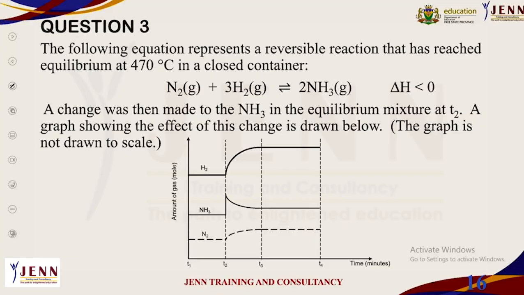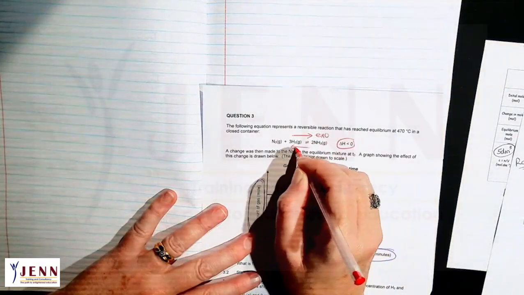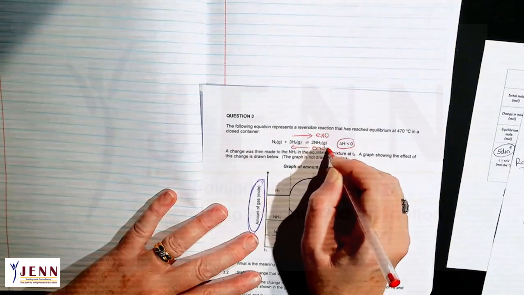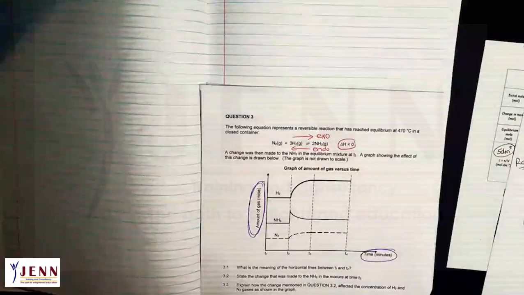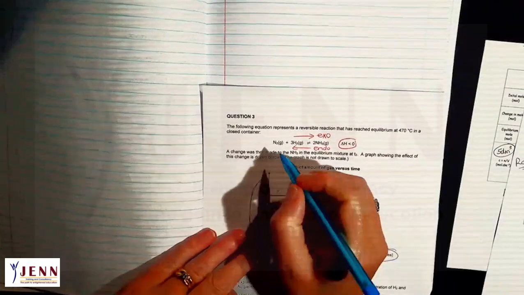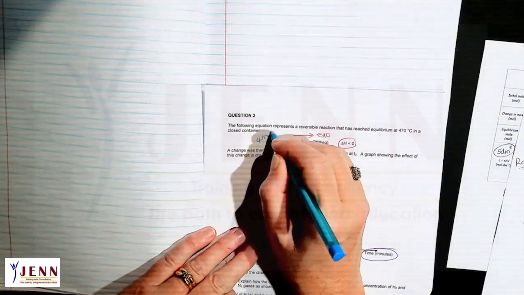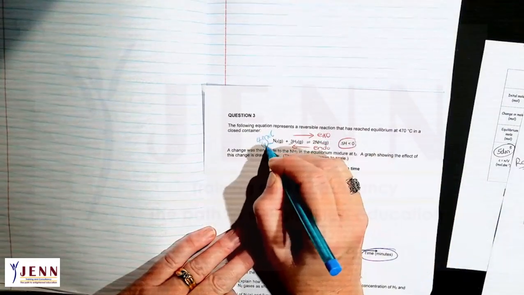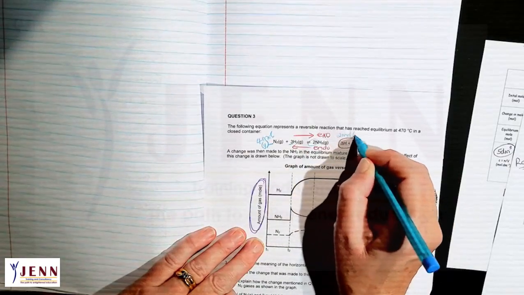So that means to the right hand side it will be exothermic. To the left hand side it will be endothermic. And then I look at the amount of mole of gas. There's 1 and 3. So it gives me 4 moles of gas on the left hand side. And it gives me 2 moles of gas on the right hand side.